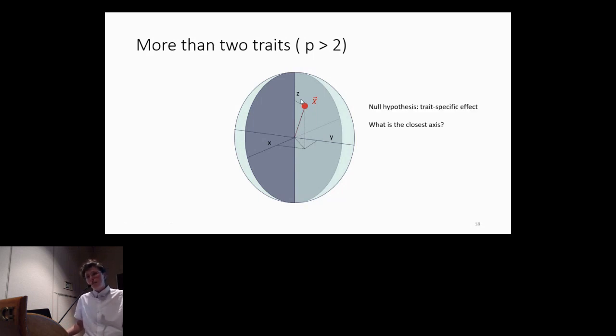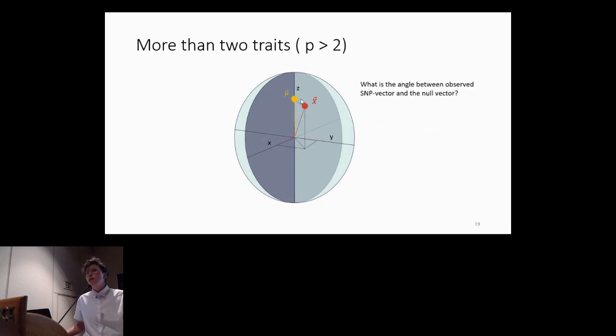But then for the angle, we need to first think about, okay, what is the null hypothesis? It's still that an effect is trait specific, just like the case for 2 dimensions. And so a trait-specific SNP would lie on one of the axes. And to keep it a bit simple, we first just want to find the closest axis. Well, that in itself is relatively easy, because the closest axis is the one with the highest value, so Z in this case.